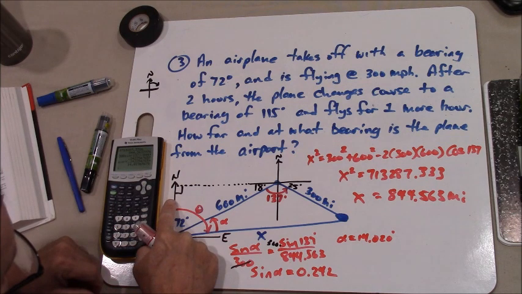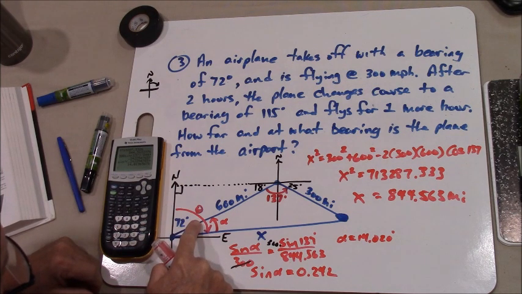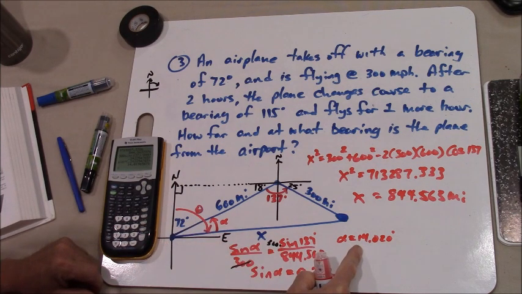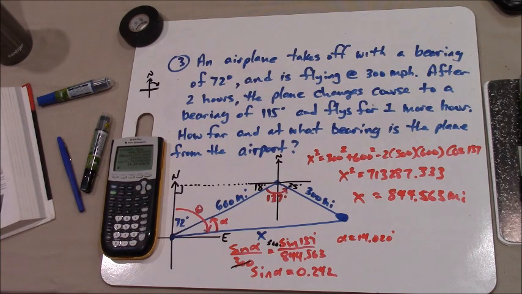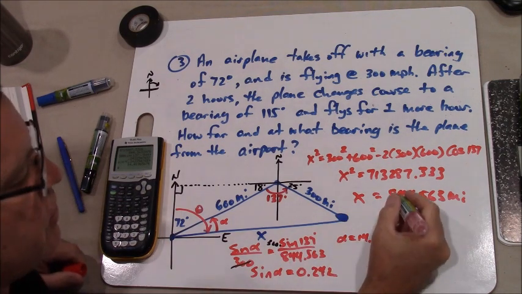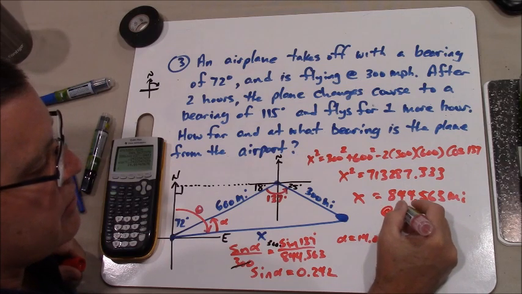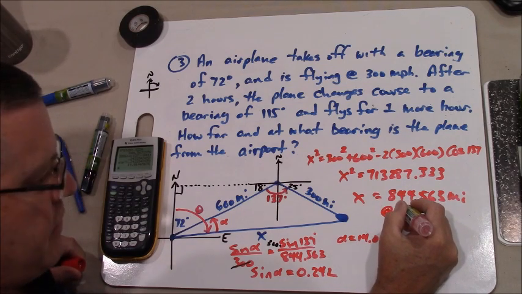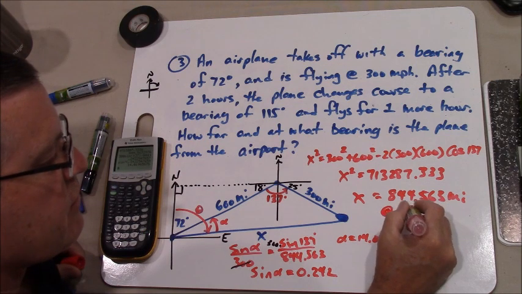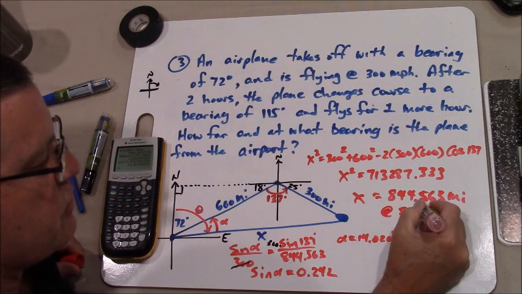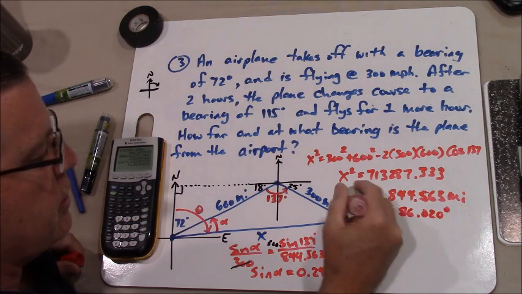Right? 72 is from north down to this line. So now add that, you would get 86.020. So it's this far from the airport at 86.020 degrees.